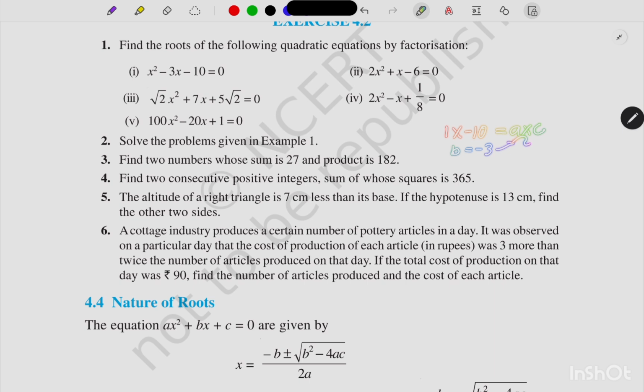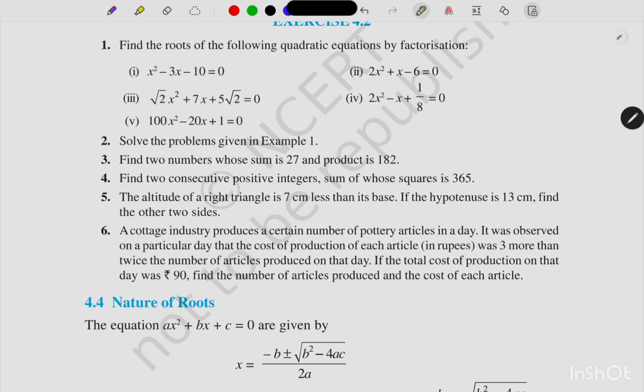You're supposed to split it into two numbers such that, let's say you got alpha here and beta here, alpha into beta should be A into C. Okay, so that is alpha into beta should be equal to minus 10. Understood? Great.